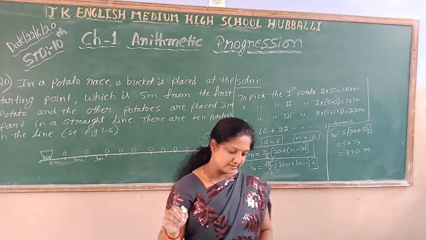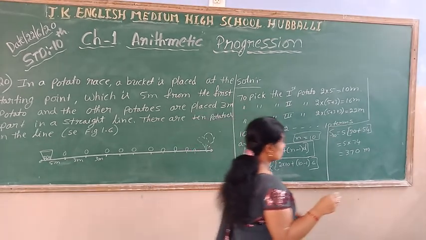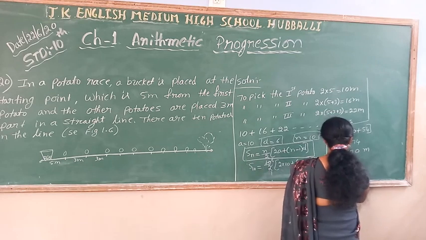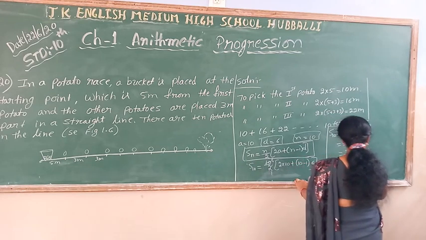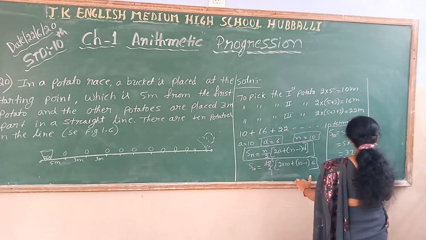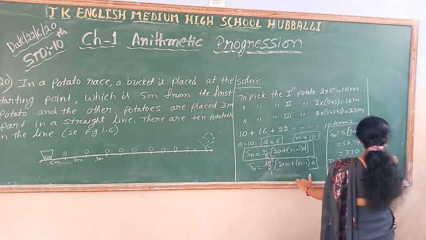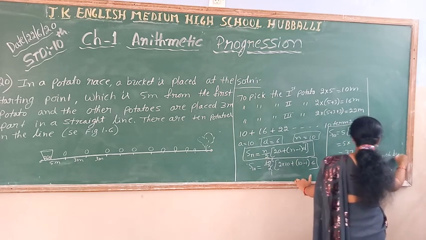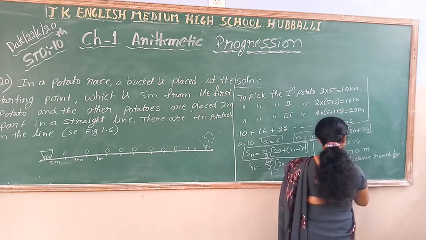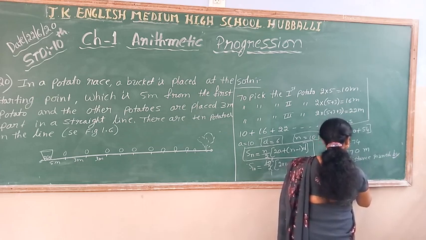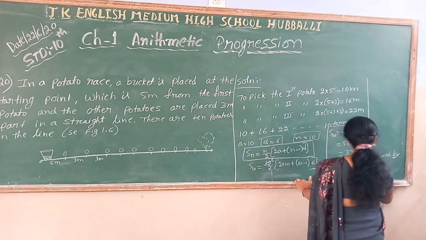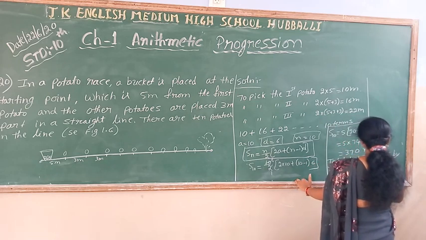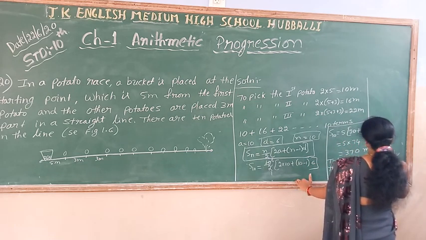The total distance run by the competitor is equal to 370 meters.